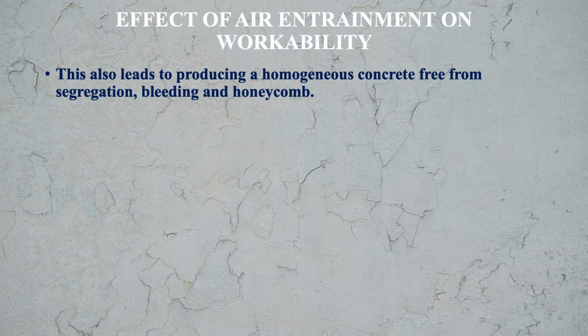This also leads to producing a homogeneous concrete free from segregation, bleeding and honeycomb. So these three defects of concrete can be avoided or reduced, and we will get a homogeneous concrete by using air entrainment.